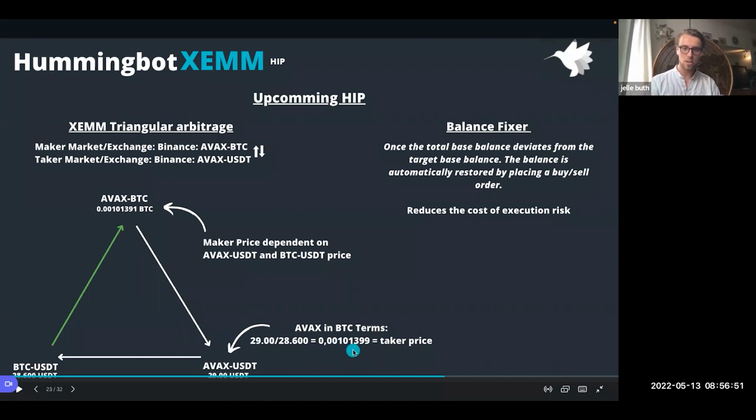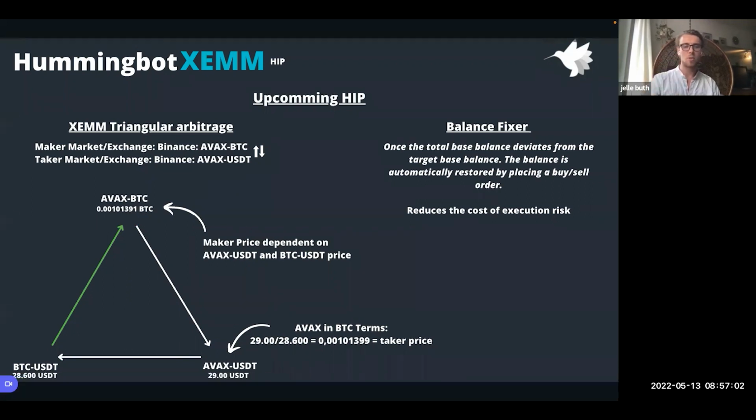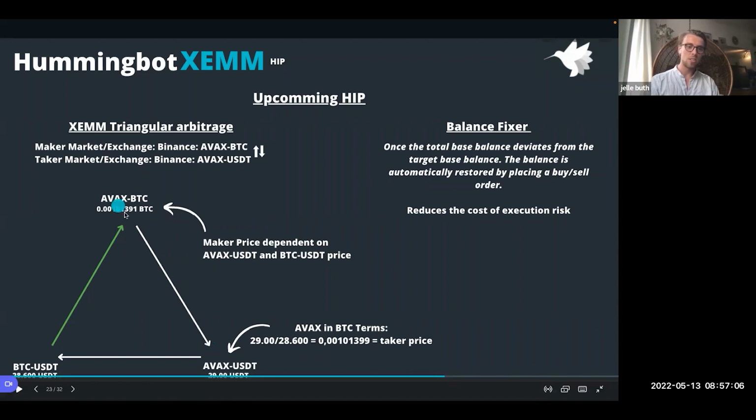So I'll do this here. Then you'll get the AFEX in BTC terms based on the BTC price at that point. And then it will place a maker order, which is a specific minimal profitability target away from the price you've just calculated. Once this AFEX BTC maker order is filled, let's say your AFEX sell order is filled, that means you've just increased your BTC position because you sold your AFEX for BTC.